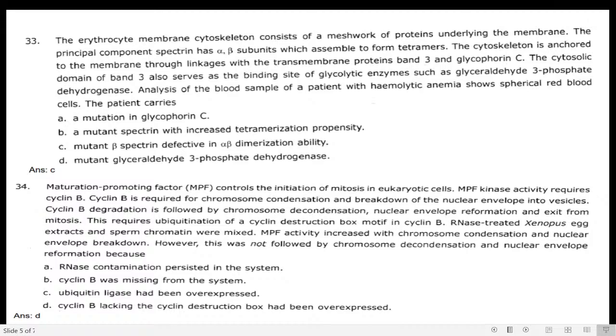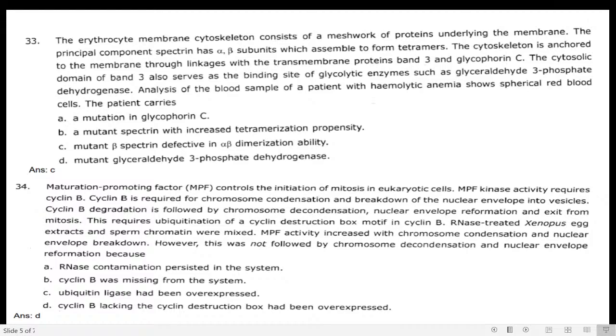This requires ubiquitination through the cyclin destruction box motif in cyclin B. This is the keyword here. An RNase-treated Xenopus egg extract and sperm chromatin were mixed. MPF activity increases with chromosome condensation and nuclear envelope breakdown, however, this was not followed by chromosome decondensation and nuclear envelope reformation.